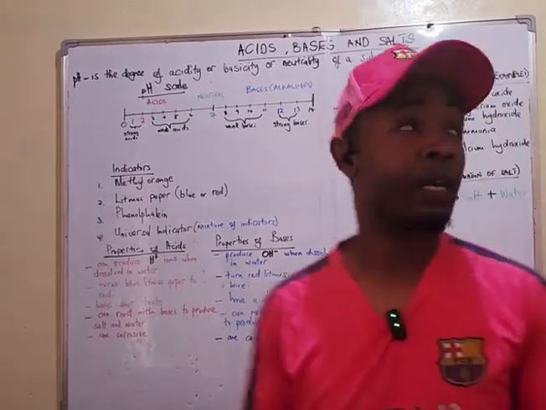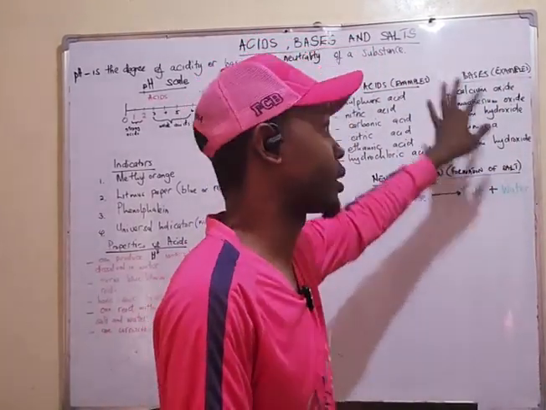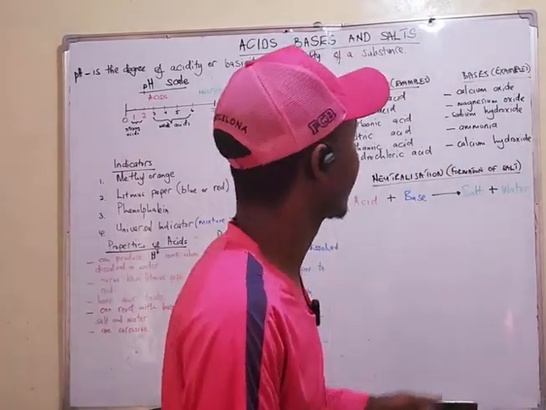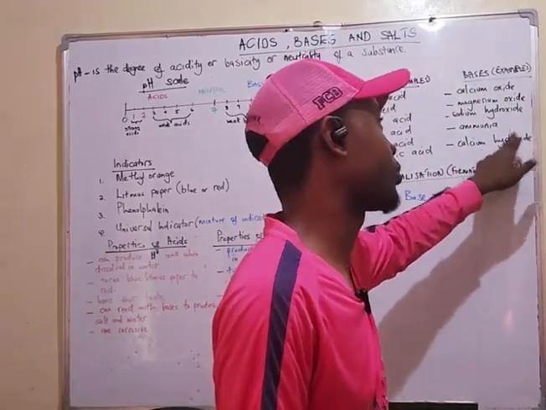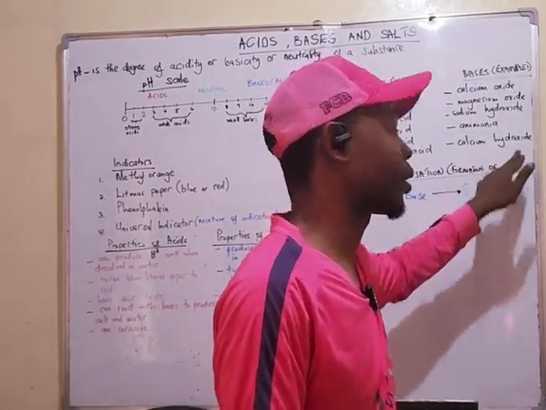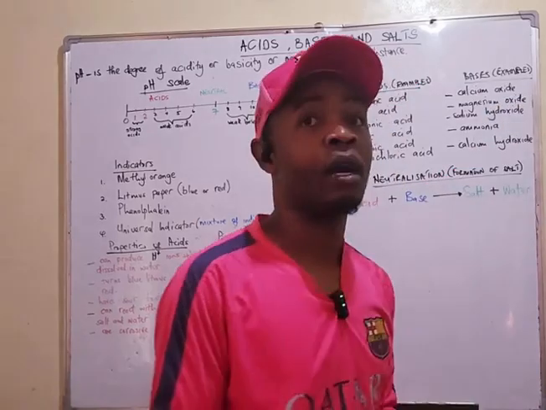Then as for the bases, we actually have calcium. There's a trick regarding how these bases are named. Most of them end with oxide, some of them end with hydroxide. As you can see, we have sodium hydroxide, calcium hydroxide, and also calcium oxide and magnesium oxide.